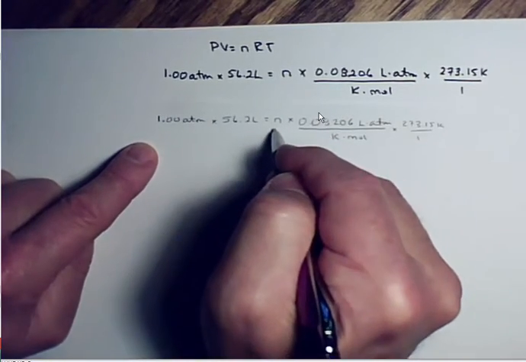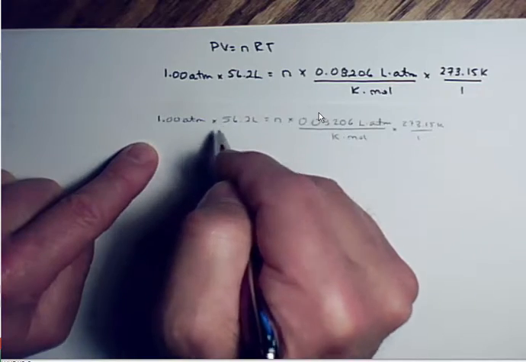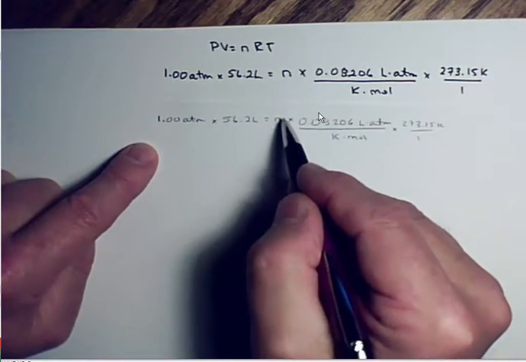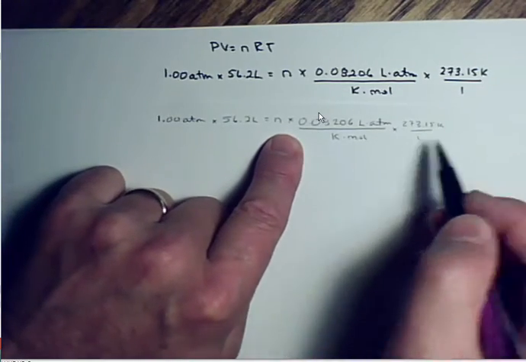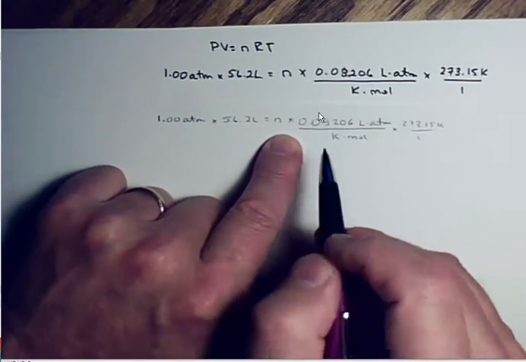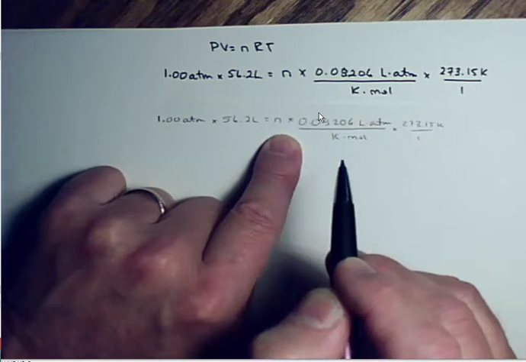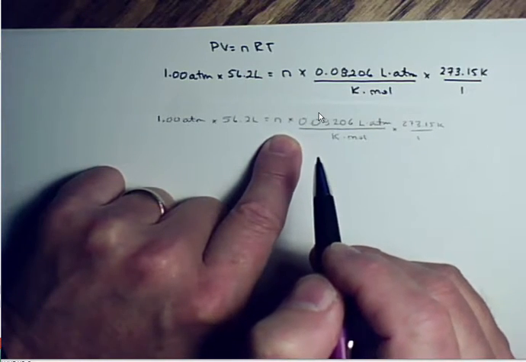So let me show you how this is going to work then. What I need to do is to get n by itself. So I need to be able to multiply this side of the equation by something that will get rid of this and this. That makes sense?